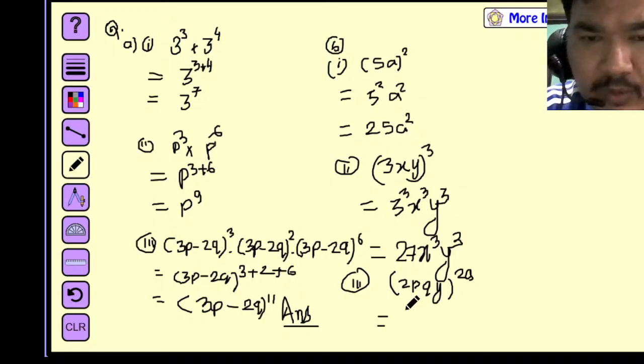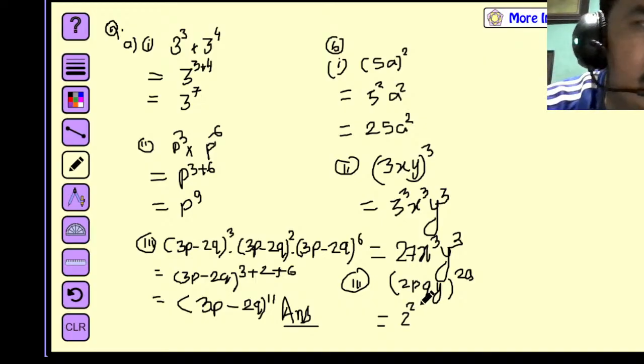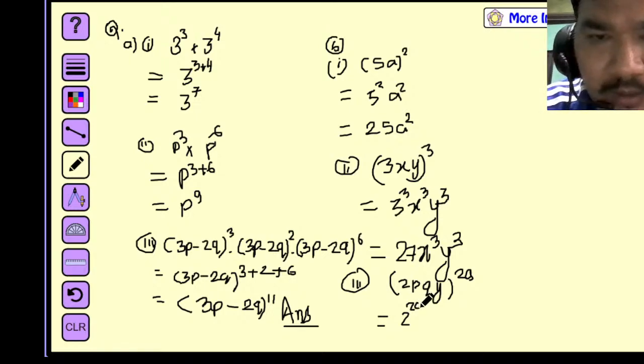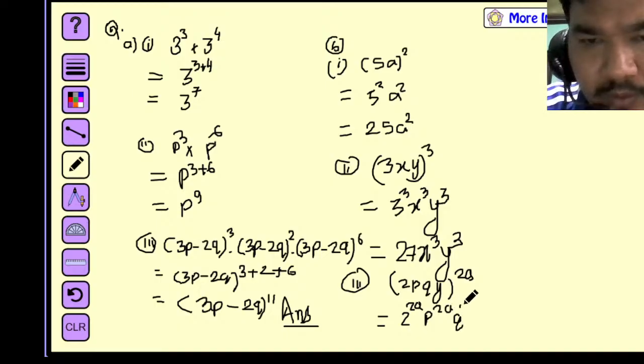Then open it. What will be 2 power 2a? This is the power given, a, right? Then this also p power 2a, right? Q power also 2a. Then finally there is y power also 2a, right?